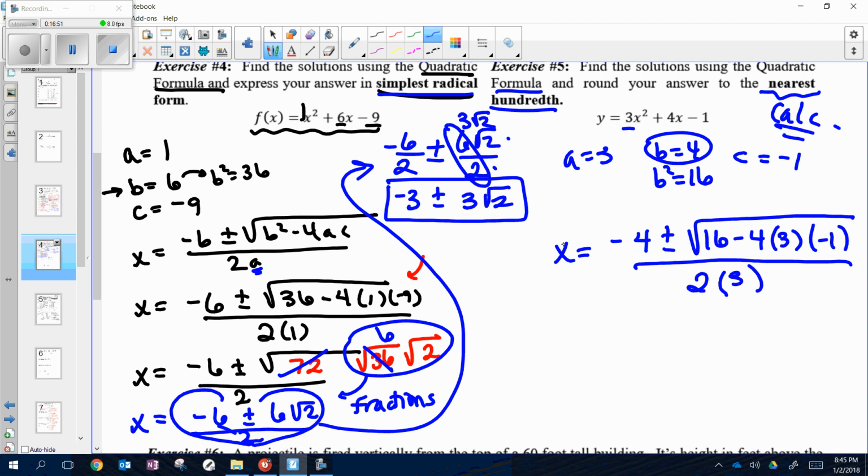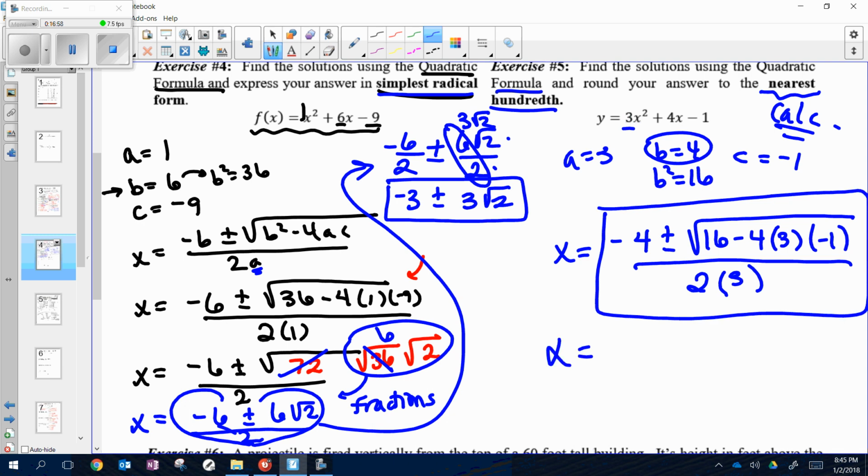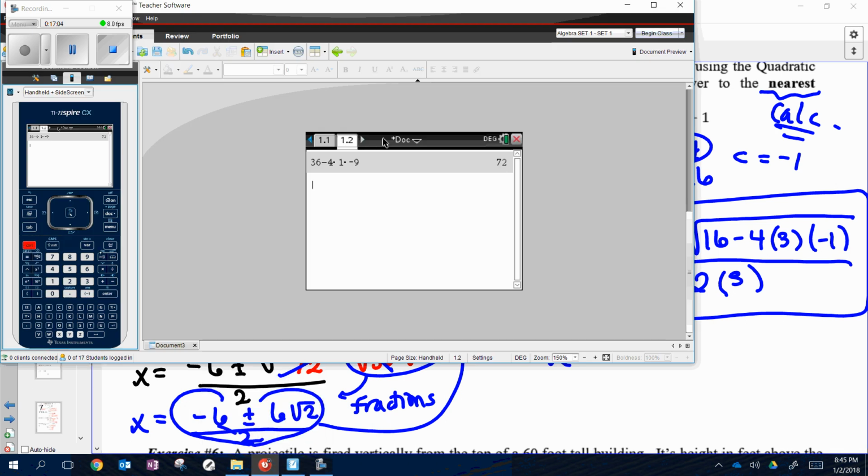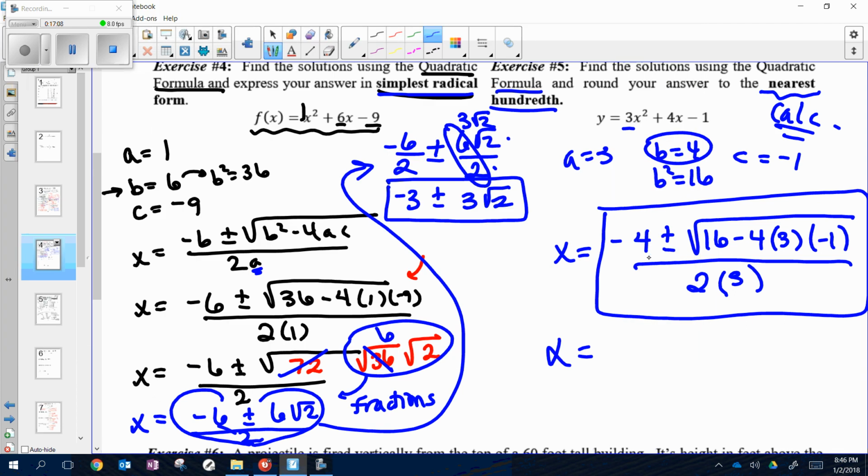Okay, so if I'm going to be able to use my calculator, why not use it right here and get my answers to the nearest hundredth? So I'm going to go to my calculator and type that whole mess in. Control, divide, it's a big, ugly fraction. It's negative 4 plus, I'm going to do the plus first.